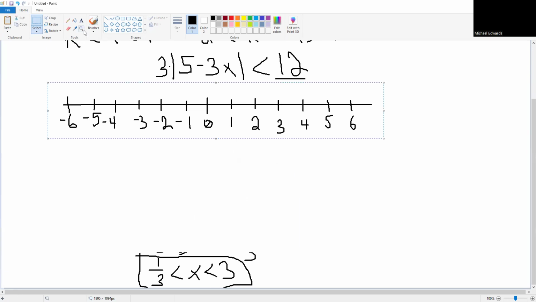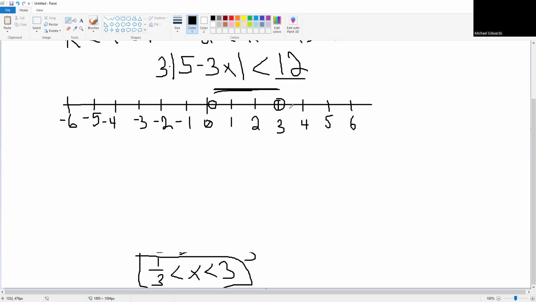So to graph it, it's 1/3. It's probably about right here, and it's less than, so it's not closed, it's open. So 1/3. And then we have a 3, so 3 right here. And x is in the middle. So we have something like this.